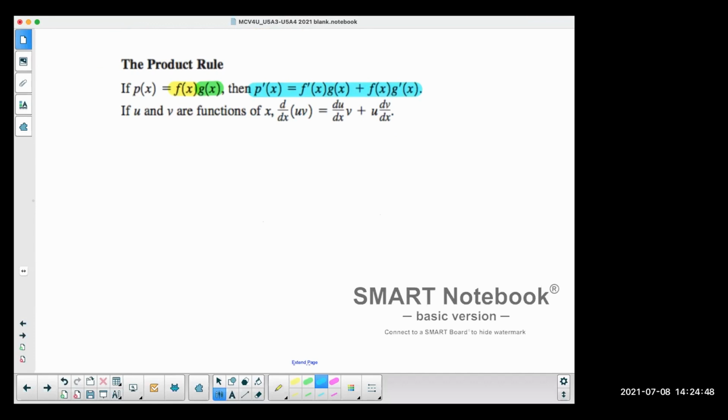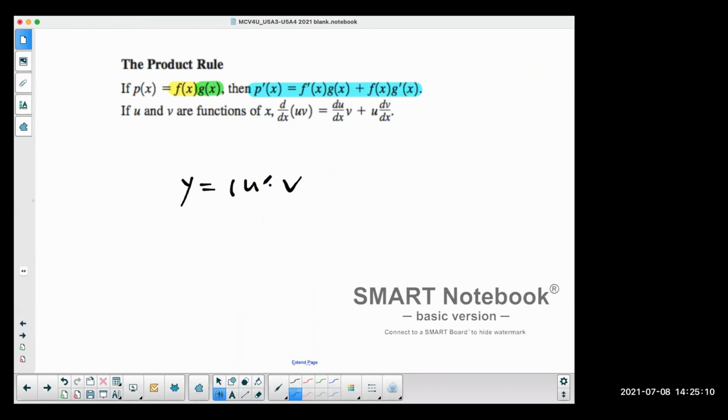Sometimes even this notation gets a little confusing for students, and we can also use the product rule in this kind of notation. If you have two things being multiplied together, you can call the first guy U and the second guy V. It's like you have two brackets multiplied by each other.